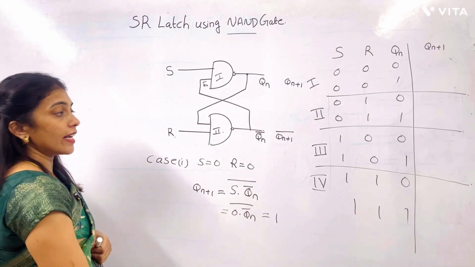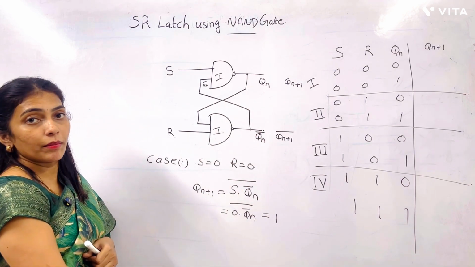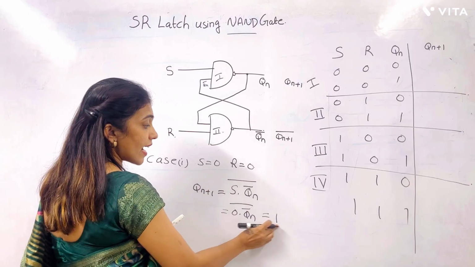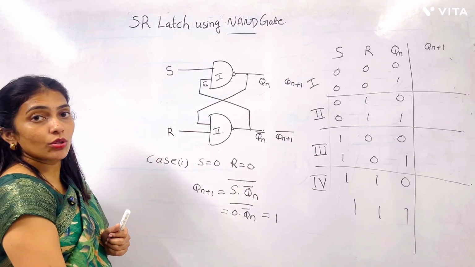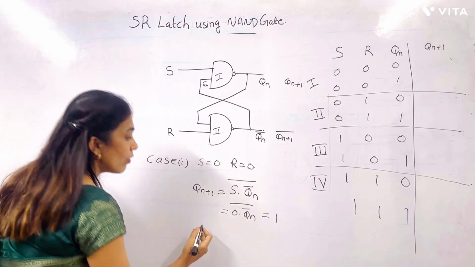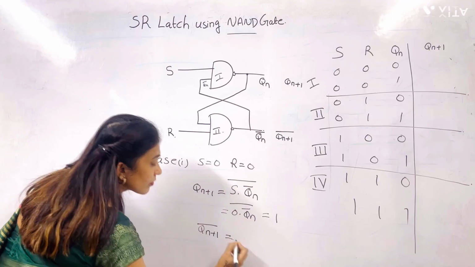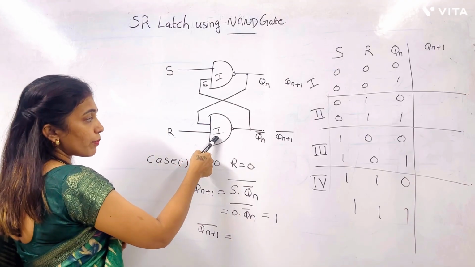Then go for the second gate. In the truth table we mention only the Qn plus 1 column, but this value is decided by the second gate output, so we need to calculate the second gate output also. The second gate output is Qn plus 1 bar. What are the inputs of the second gate?